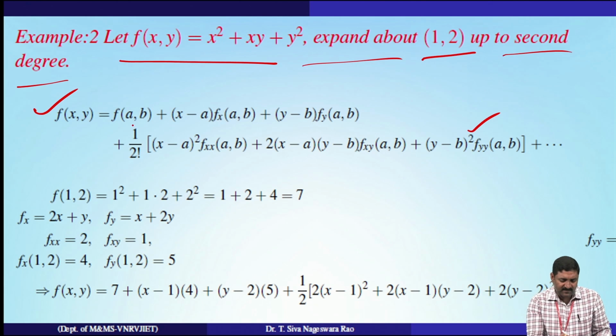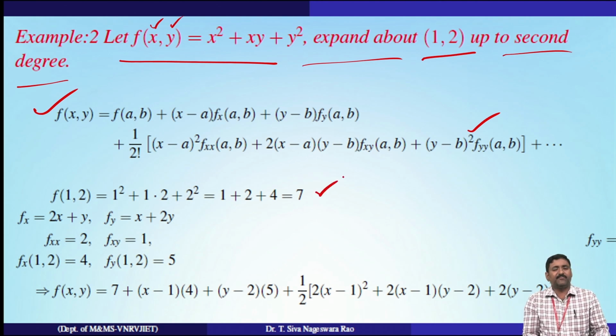Now here first one f of 1 comma 2. That means in place of x we will substitute 1, in place of y we will substitute 2. You will get answer as 7. Next we will find first order partial derivatives. Apply partial derivative to f of x comma y with respect to x as well as with respect to y. You will get fx as 2x plus y and fy as x plus 2y.